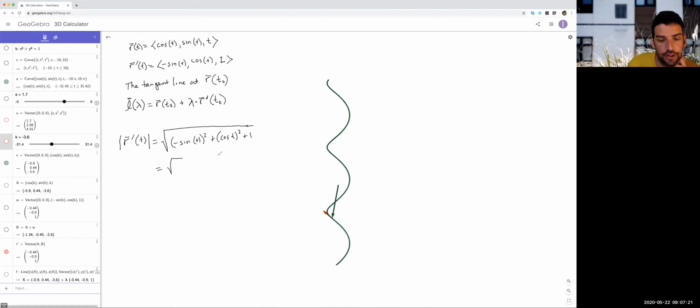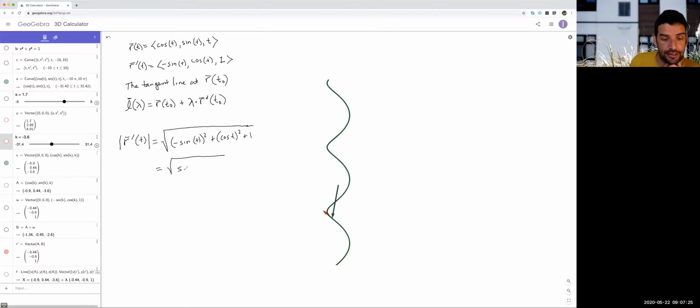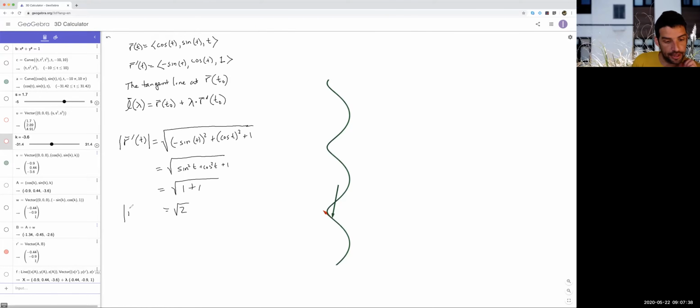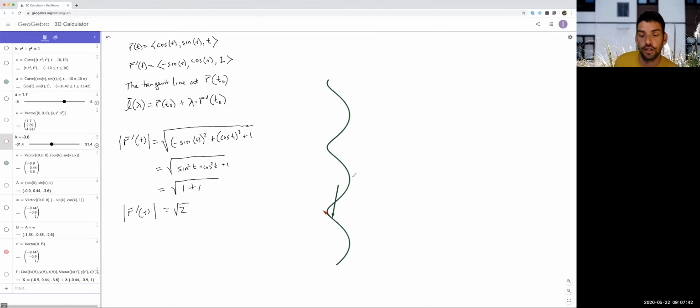Of course, when we square the negative, which is why it was so important to write that correctly, I get sine squared t plus cosine squared t plus 1. And sine squared plus cosine squared is 1. So it doesn't matter which point I'm at along my curve, the magnitude of the tangent vector is always going to be the square root of 2.